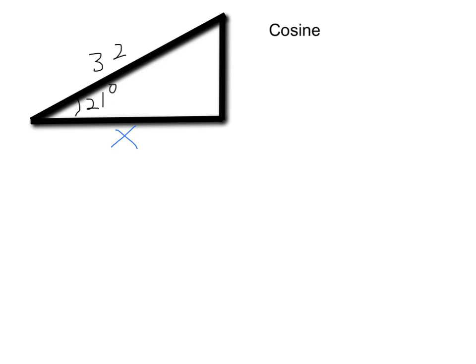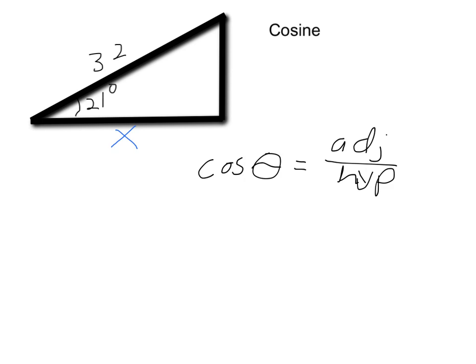Now whenever I want to solve for the adjacent side, here labeled x, I would want to use cosine. So cosine of theta equals the adjacent over the hypotenuse. Once again, I have an angle, adjacent, hypotenuse here.